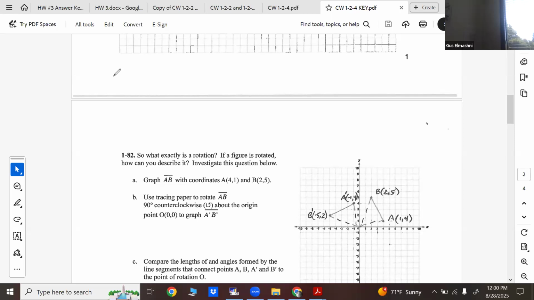And rotate 90 degrees. Actually, I think we're supposed to be about the order.